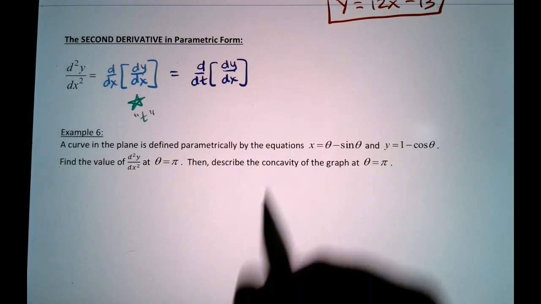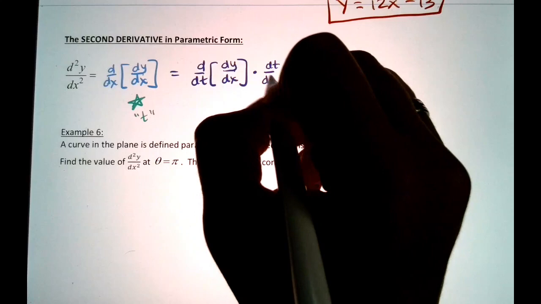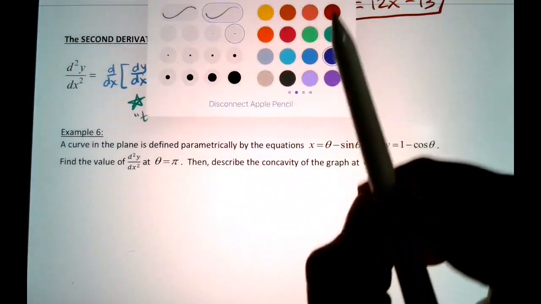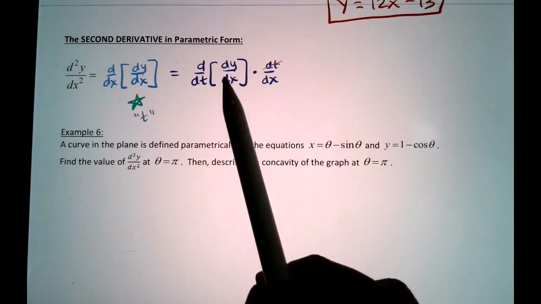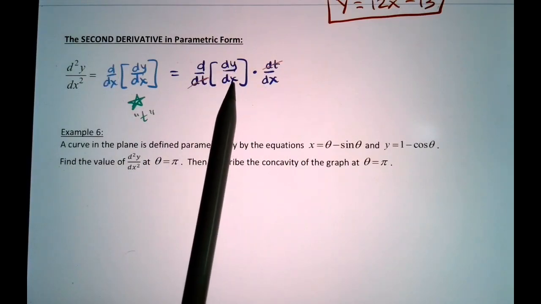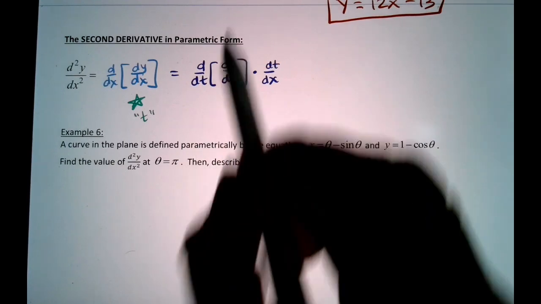So I'm going to make it work just by doing this. That will create the notation that I'm looking for, because in this moment you can see how, oh, well, that's nice, the dt's kind of cancel, and that will leave me with d squared y over dx squared. This is great, okay? So a little bit of a quirky notation issue happening here. And let's describe what this actually is.